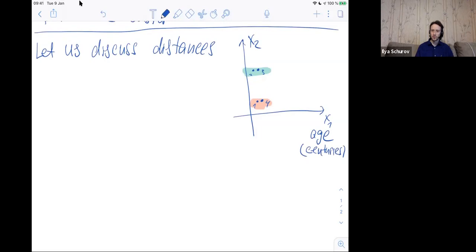Nobody actually measures age of people in centuries, but let us assume.